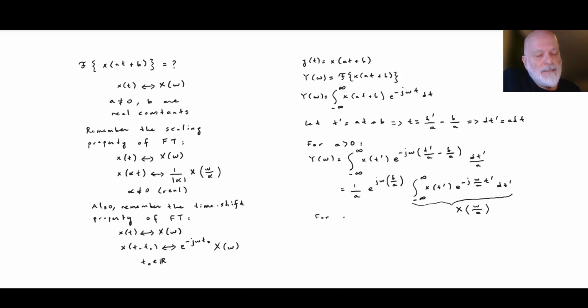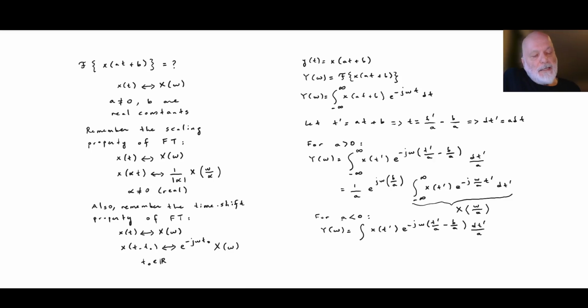If a is negative, again Y of omega can be written as the integral of x of t prime e to minus j omega times t prime over a minus b over a, dt prime over a.